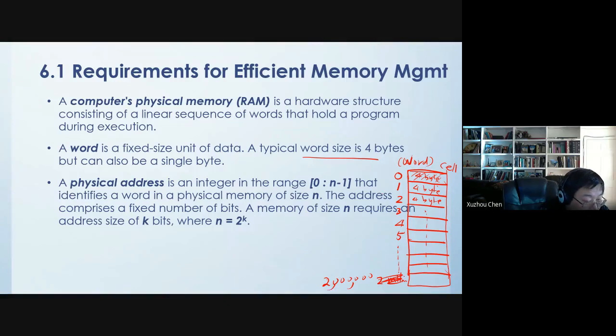Honestly, 2 million is not the right number, because normally the number of words is typically a power of 2. So I can say something like 2 to the, okay, 10,000.